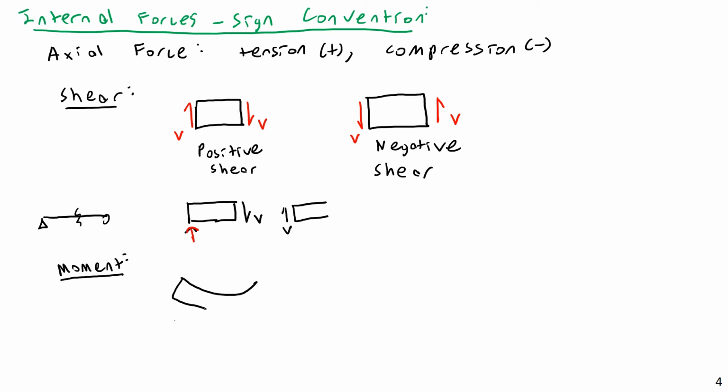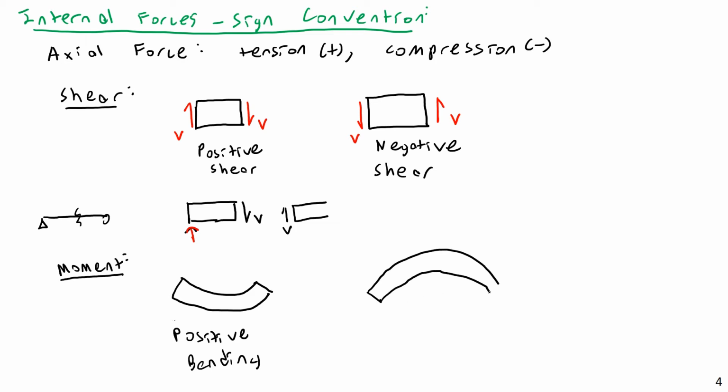So I'll have something like this, and this is positive bending. And this here is negative bending. We can talk about what kind of member end forces would produce this, but hopefully this is fairly intuitive.